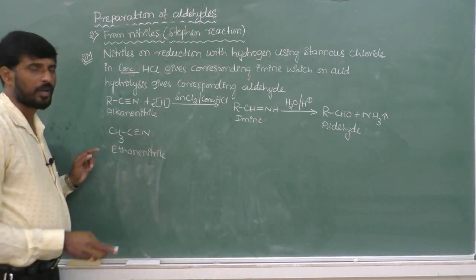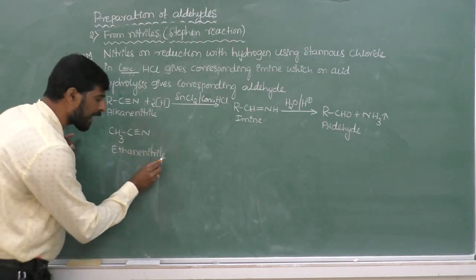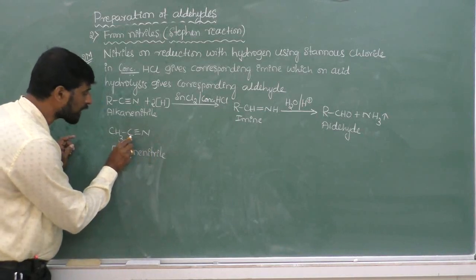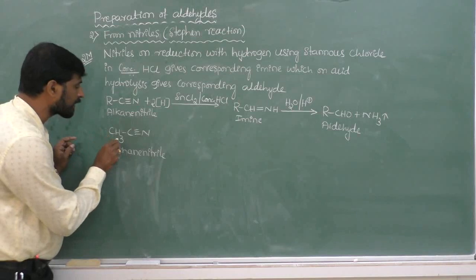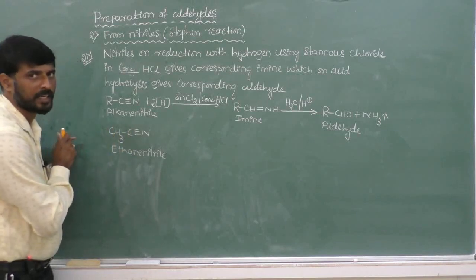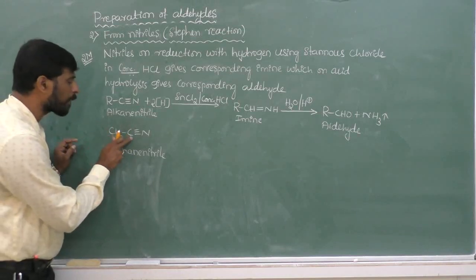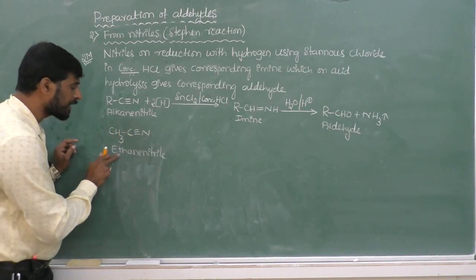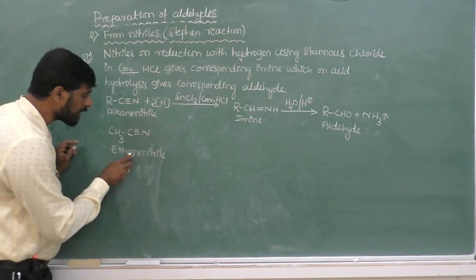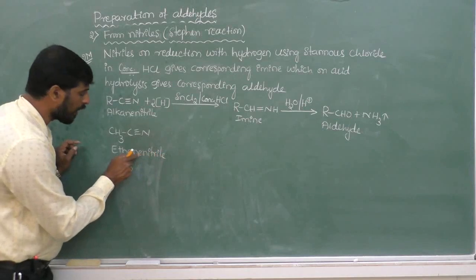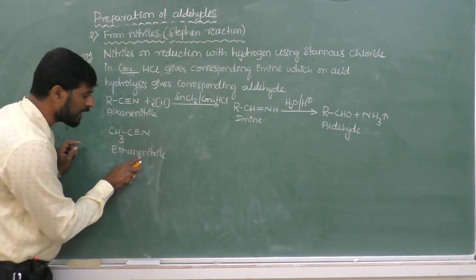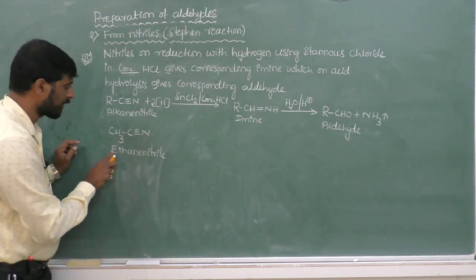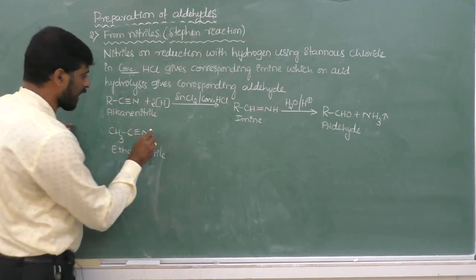Please remember, if it is named as a nitrile, then this carbon atom is also included for the selection of the longest possible chain. That is why it contains two carbon atoms, hence it is ethane nitrile. Why ethane nitrile? Because the N is a consonant, not a vowel. That is why this E is also retained.